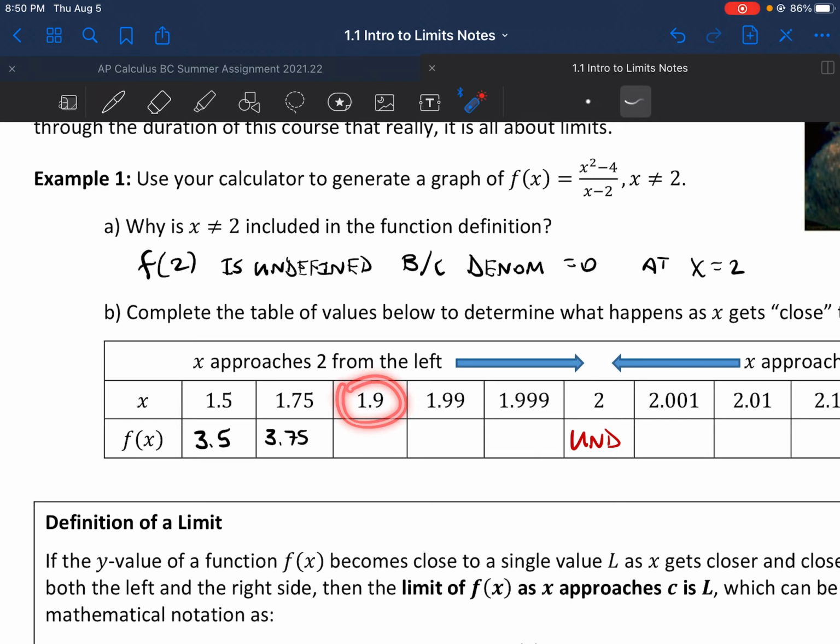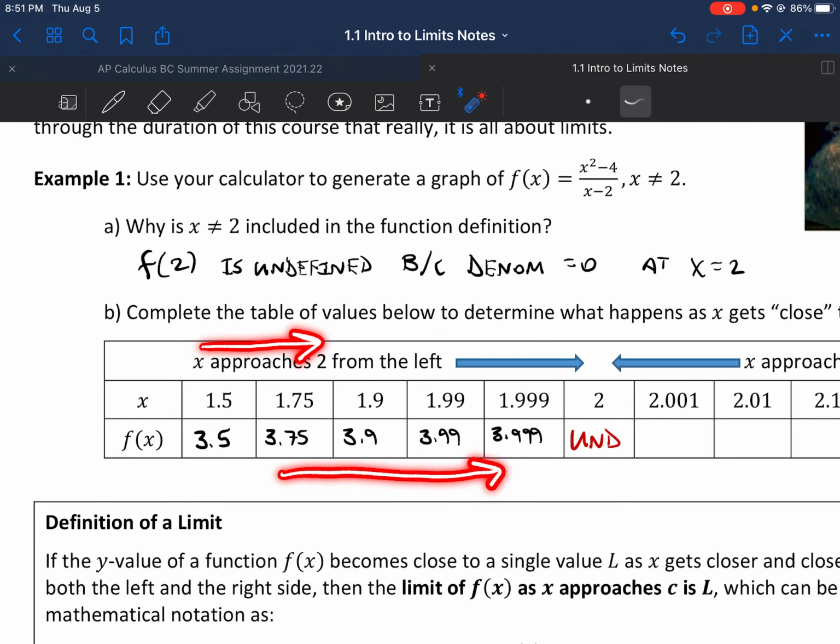If I plugged in 1.9, we would get 3.9. If I plugged in 1.99, we would get 3.99. And if we plugged in 1.999, we would get 3.999. So notice that the closer we approach 2 from the left, the closer the y values are getting to 4.